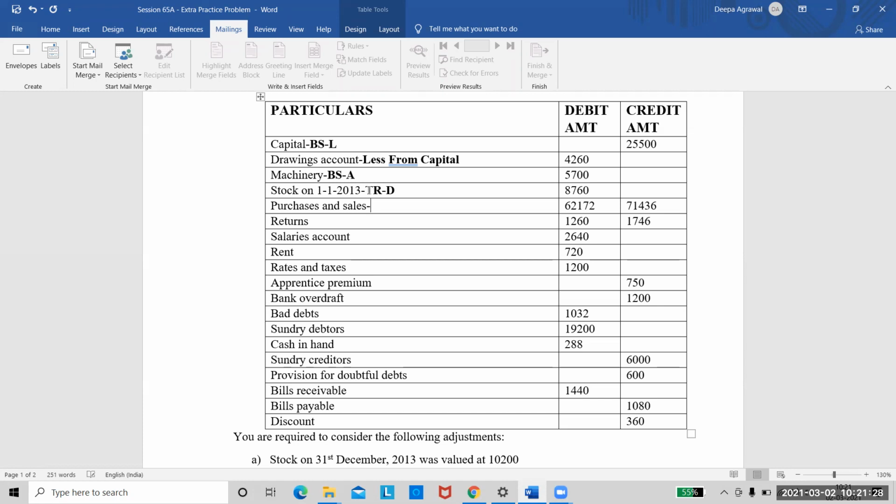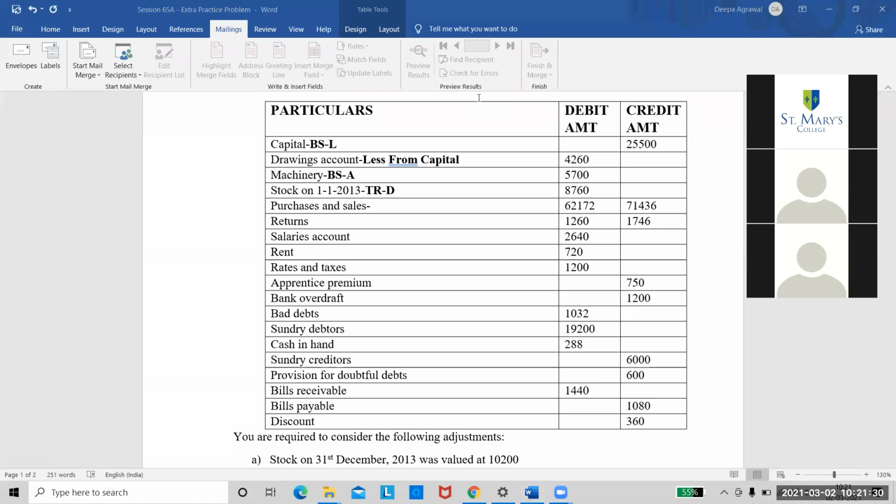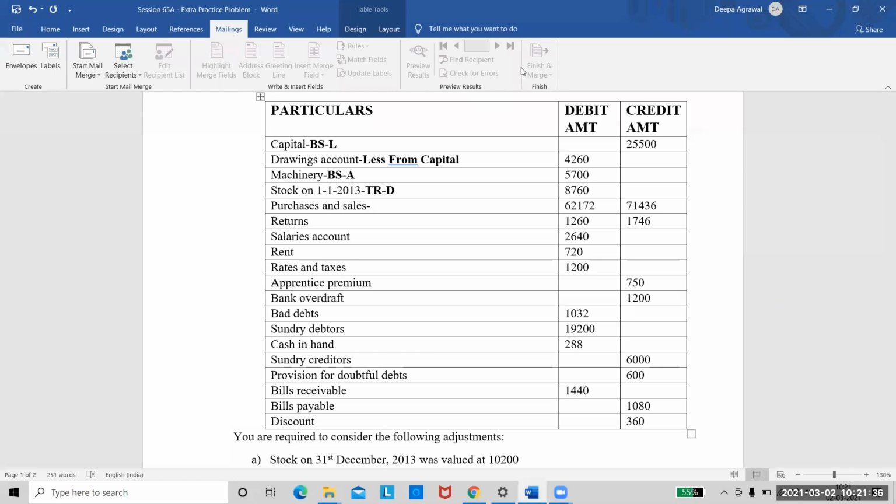Next he gave purchases and sales. So we will take it in the trading account debit and credit side respectively. Yes, we will write it as trading, debit and credit because I'm writing for both. Next one is returns. So now from this tell me 1260, which returns is this amount?